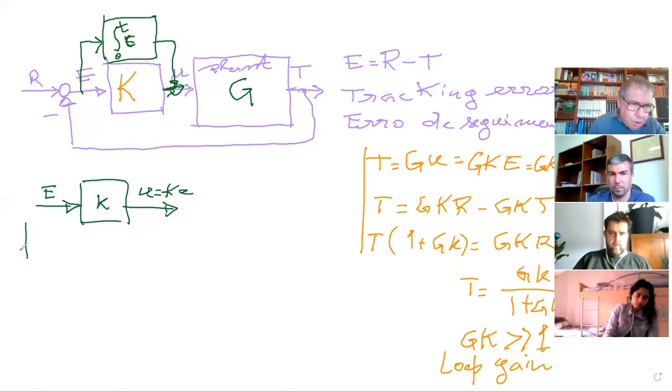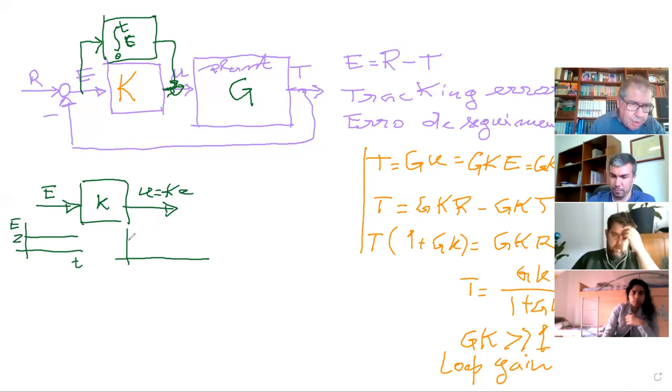If this is time, this is E, suppose that this is 2. Then what you have here in the output? Ke, okay? 2K.